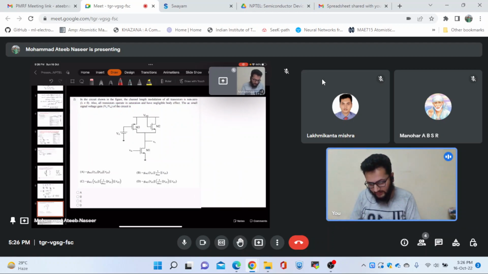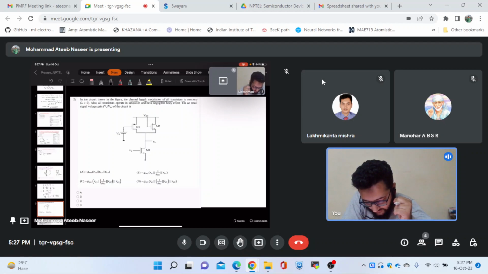Now we have another problem. It says that we have been given some circuit in here, and in this circuit we have to include the channel length modulation of all the transistors. It has been told that the channel length modulation is non-zero, and that all the transistors operate in saturation and have negligible body effect, so we can neglect the body effect.